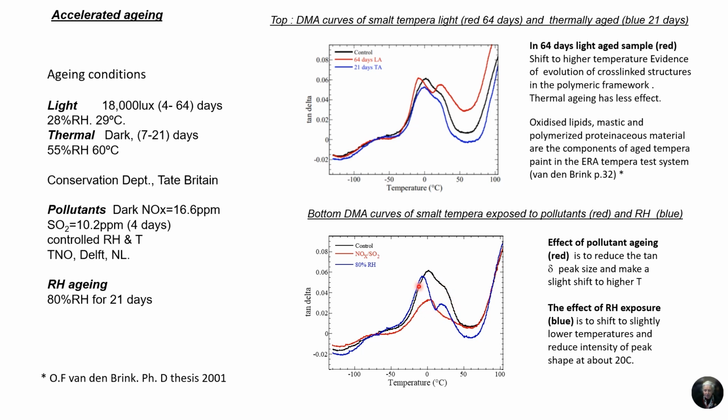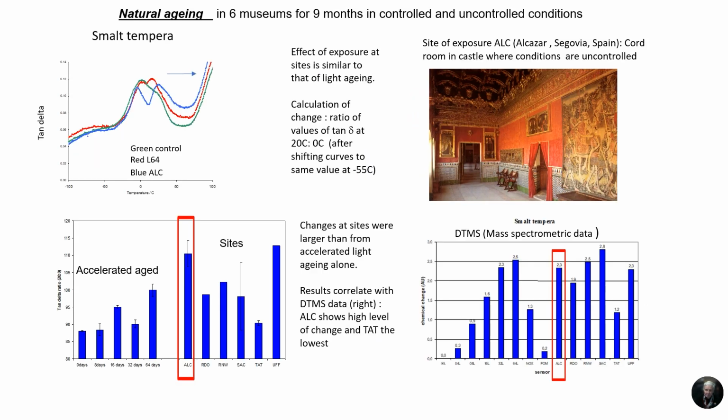And the effect of humidity, and this was 80% RH for 21 days, also showed a change. It shifted it to lower temperatures and reduced the intensity of the peak. This is plasticization by the water molecules.